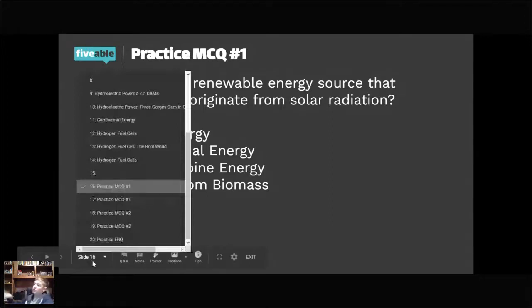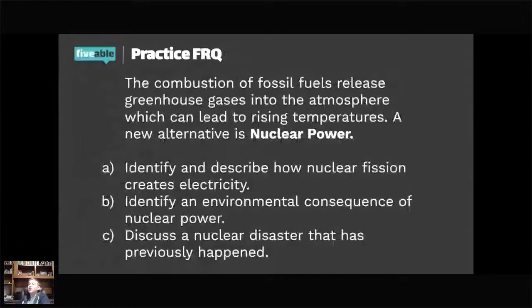The combustion of fossil fuels produces greenhouse gases. An alternative is nuclear power. Tanya had C. Discuss a nuclear disaster. Okay, so it says, discuss a nuclear disaster that's previously happened. So what I'm saying is don't make something up. Don't come with a possibility. I just said that just to make sure that you're saying something that happened. Okay.